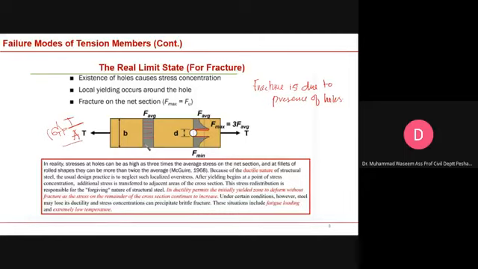But whenever you have a hole, the stress distribution is non-linear, and the variation is from higher to lower on the side where you have the hole. The stresses produced where you have this hole are 3 times the stresses you have in this case.